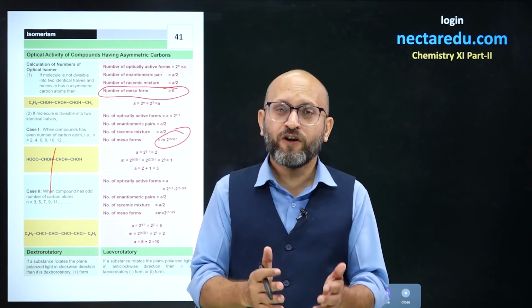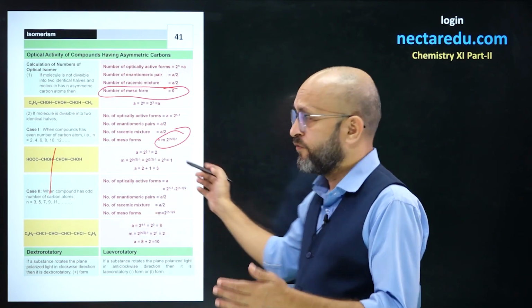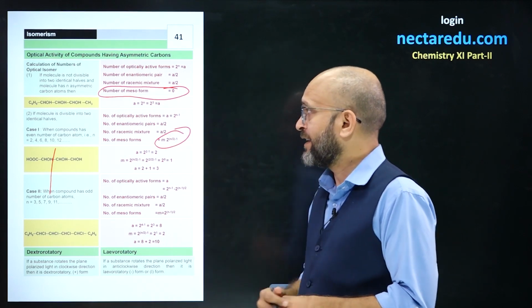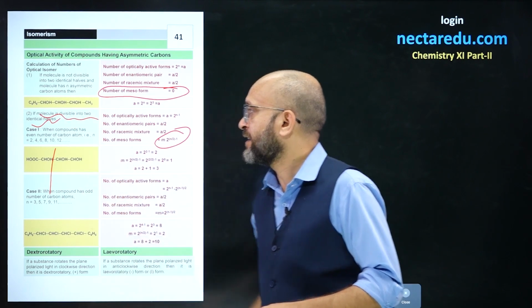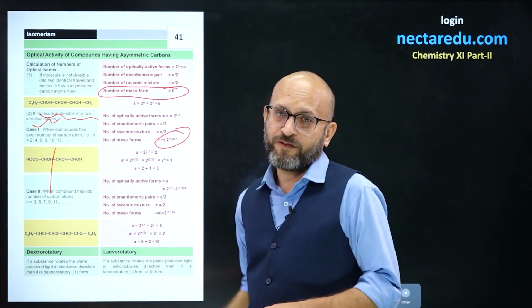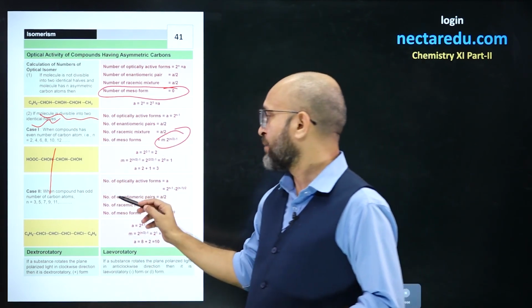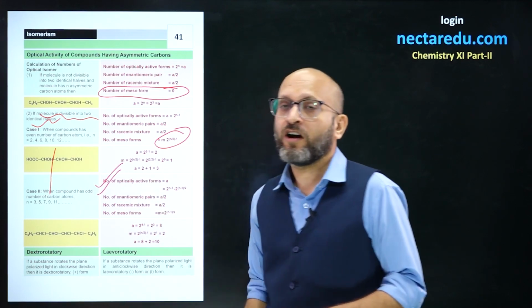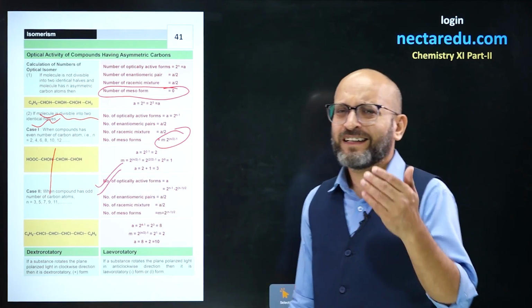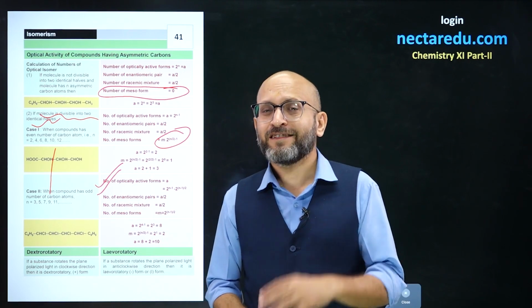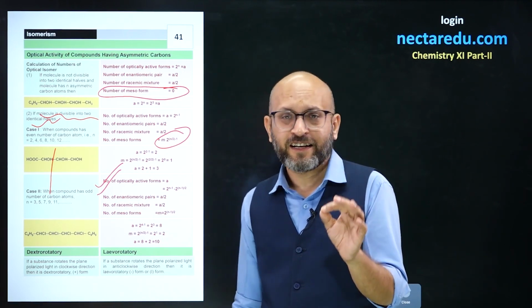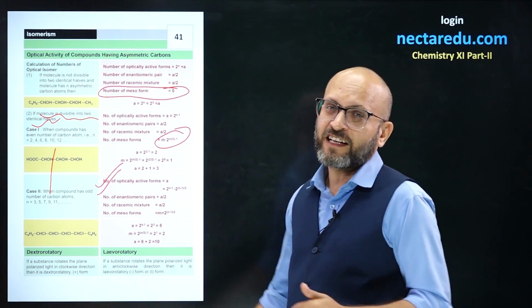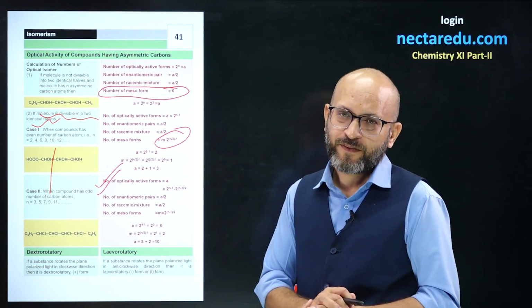Similarly, this formula was for the molecule having divisibility into identical halves and an even number of carbon atoms, and there is a separate formula for an odd number of carbon atoms. You can easily apply these formulas, and you just have to remember that the counting of chiral carbons is very critical, because the value of n is taken from the number of chiral carbons.